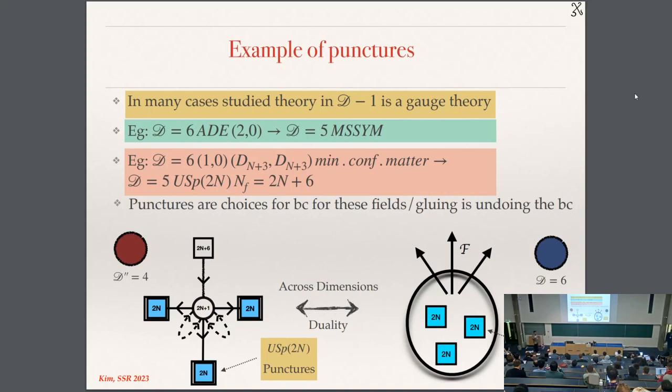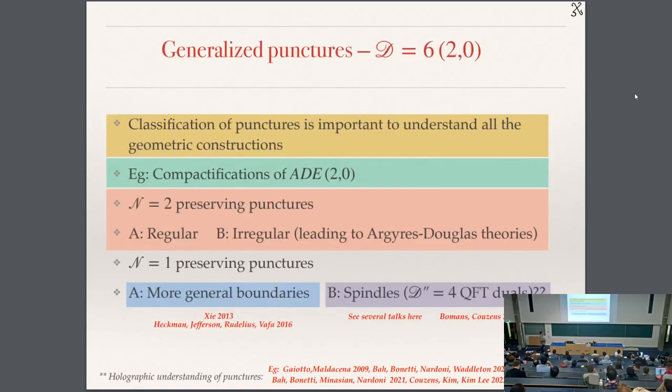And to glue things together, you need to undo this operation of cutting and freezing degrees of freedom, which will be just reintroducing some additional fields and gauging these symmetries associated to the punctures. So this is the name of the game with which you can play. And again, these types of theories are exactly the building blocks that you can use to derive the duality example which we gave before.